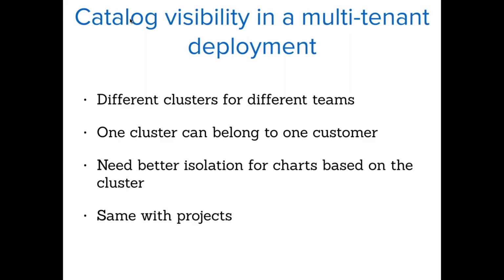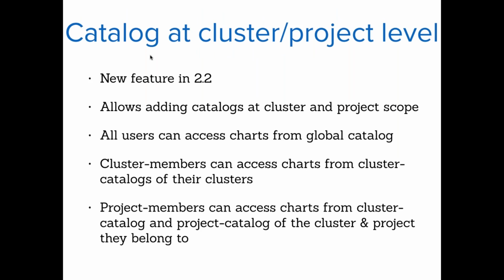The same kind of requirement arose at the project level as well, to provide further isolation between catalogs, because different teams could be operating in different projects of the same cluster. Hence, in 2.2, we have this feature which will also let you add a catalog at the project level.